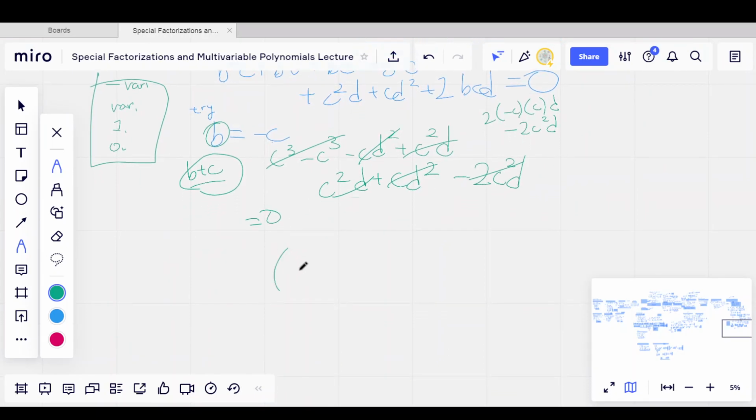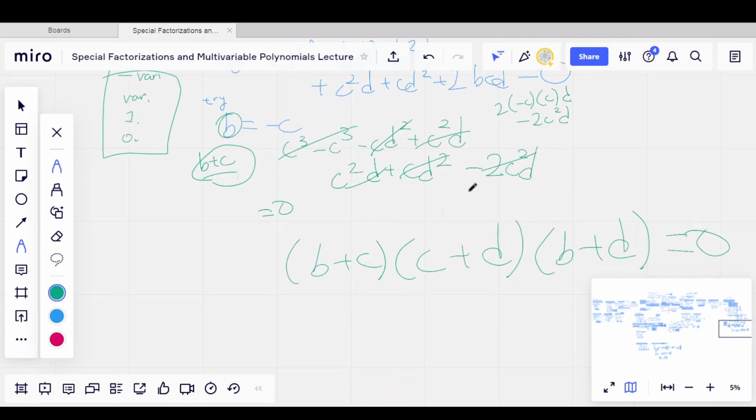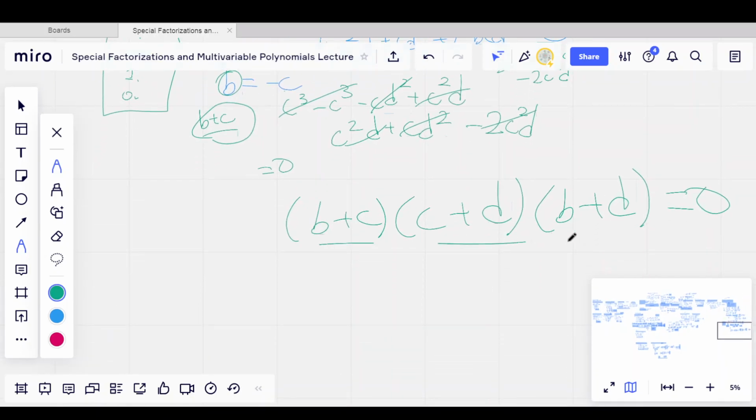Now, after trying stuff, you get (b plus c) times (c plus d) times (b plus d) is 0. Thus, one of these must be equal to 0. And that is enough to prove it.